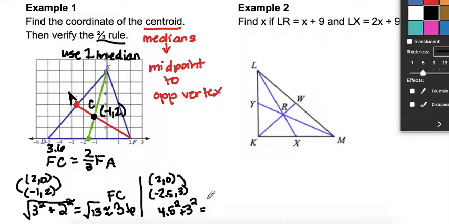So I got 4.5 squared plus 3 squared. So 4.5 squared, that's 20.25, plus 9 is 29.25. So the square root of 29.25, that is approximately 5.4.